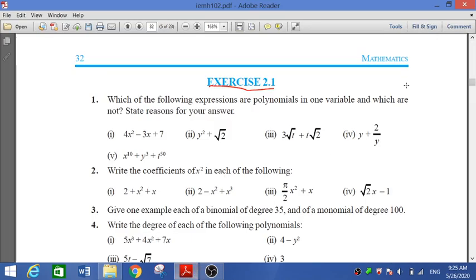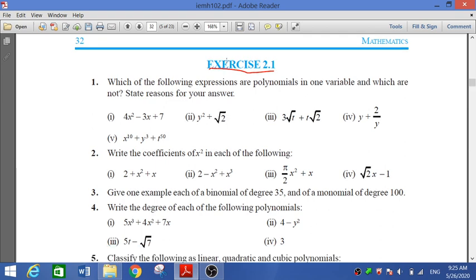Friend, today I want to explain you exercise 2.1. So exercise 2.1 is related with the polynomial. So in polynomial what we have to understand?